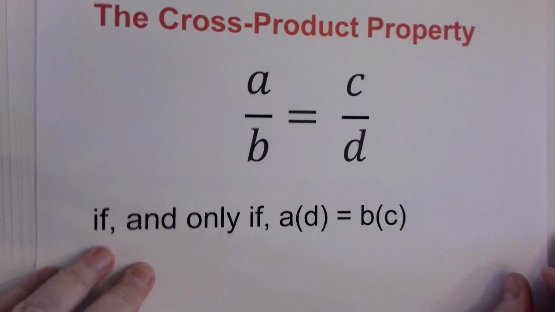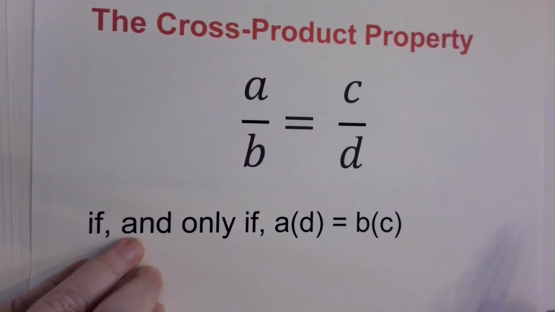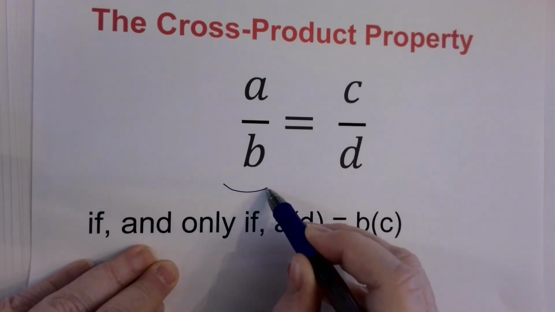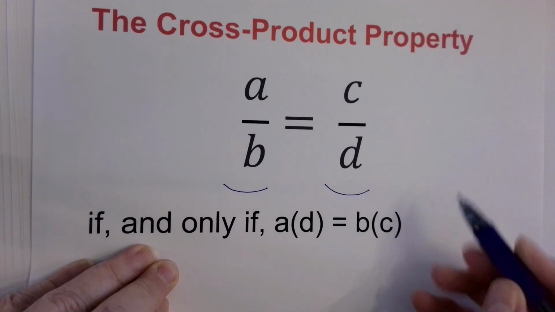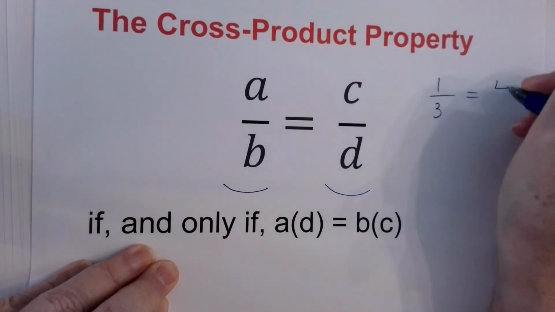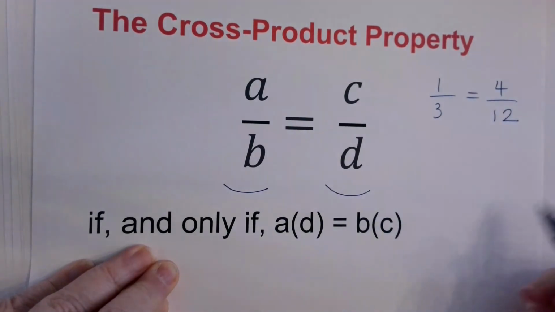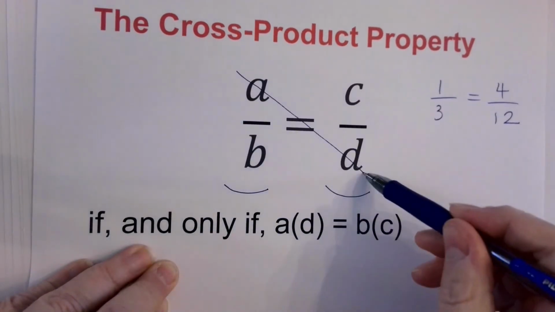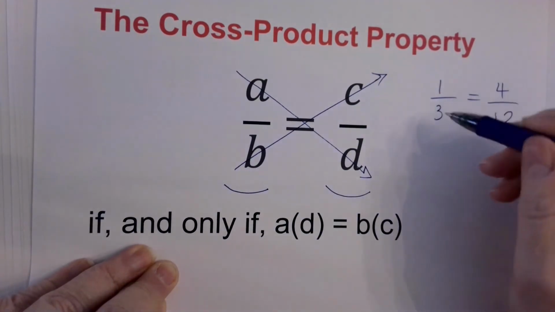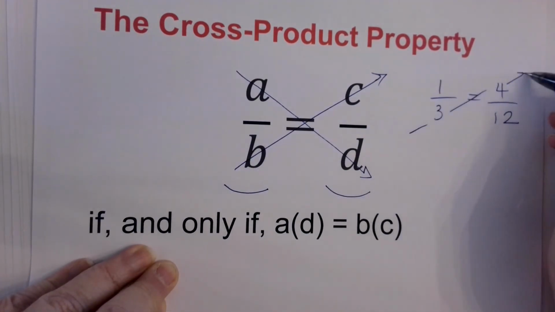Here's another property. That means a rule in math. It's very powerful. If you have a fraction and it equals a fraction, here's an example, then you can cross multiply. What happens if I multiply 3 times 4?